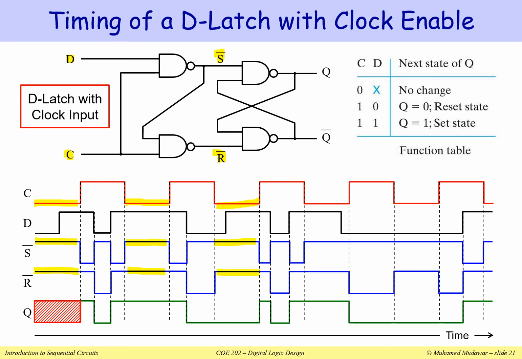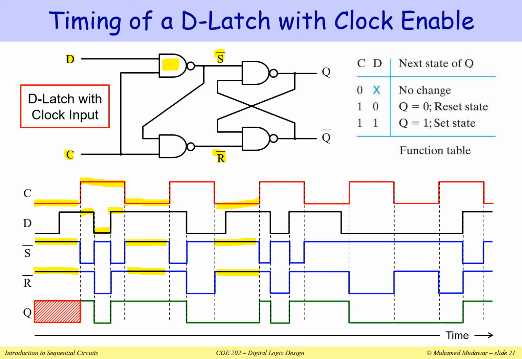Now, when C is equal to 1, this is where we are enabling the latch. Notice that S bar here is just the complement of D. So this first NAND gate here is acting as an inverter. This is how D is changing when C is equal to 1.